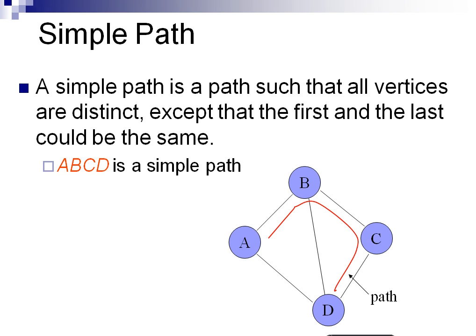Now the next concept related to graphs is a path. A simple path is a path such that all vertices are distinct, except that the first and the last could be the same.